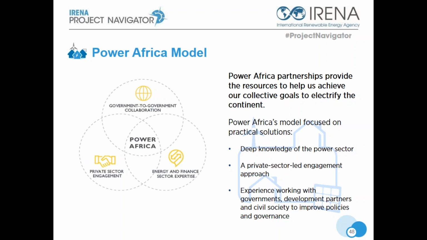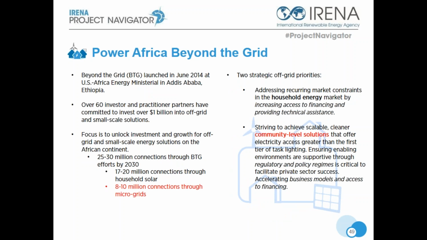We're driven by the private sector, and we work with governments, developers and civil society to achieve these goals. Within that work, we've identified a specific niche for off-grid, our Beyond the Grid program, which focuses on accelerating household solar and microgrids.